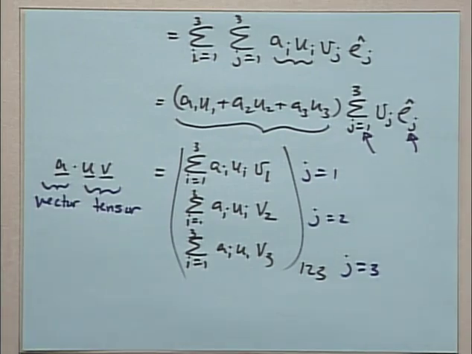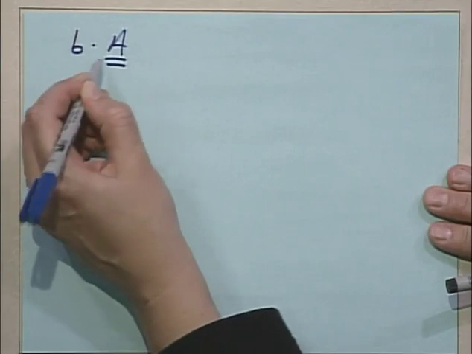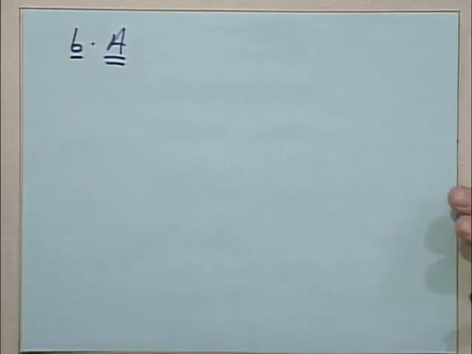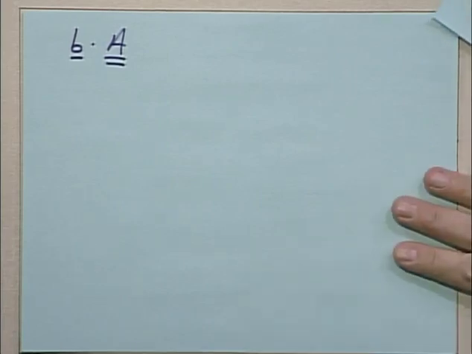Okay, so let's try it with the double underline notation. B dot A. How do we start this? Is there a way we can split up A?